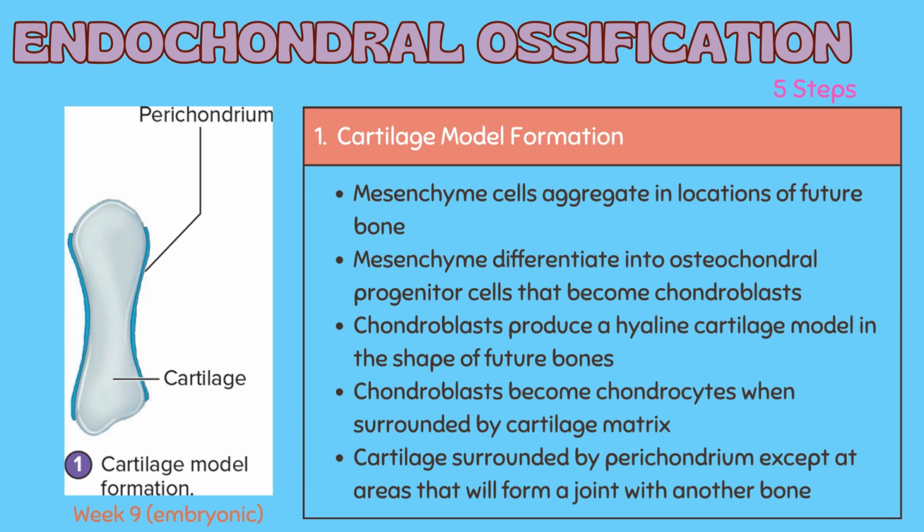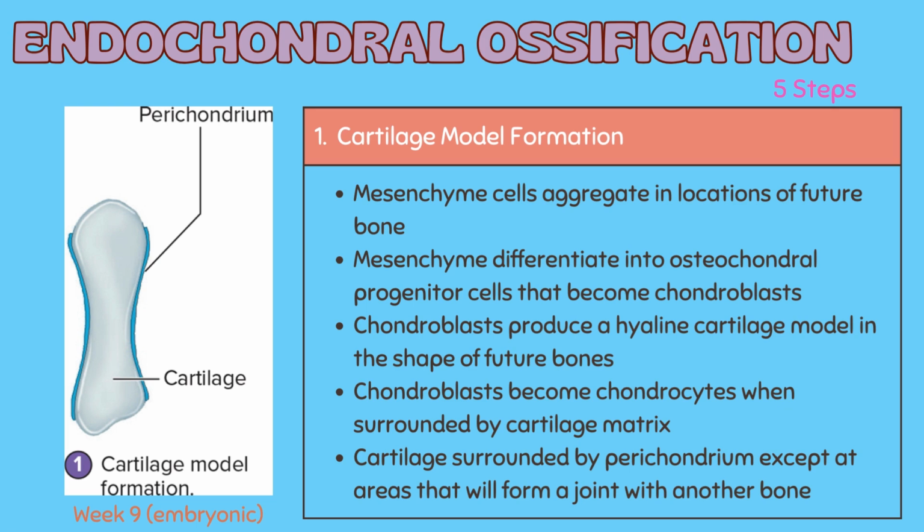Endochondral ossification occurs in 5 steps. The first step is the formation of the cartilage model. This occurs around embryonic week 9. Embryonic mesenchymal cells aggregate in regions of future bone formation.